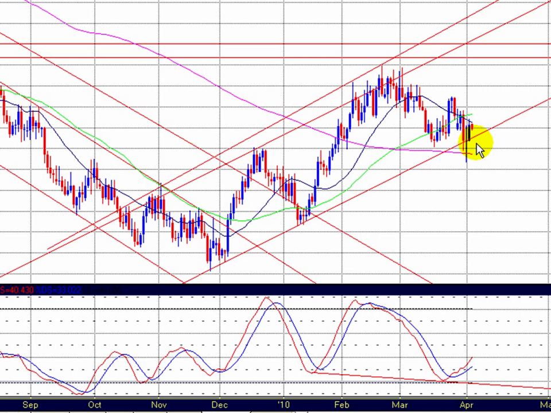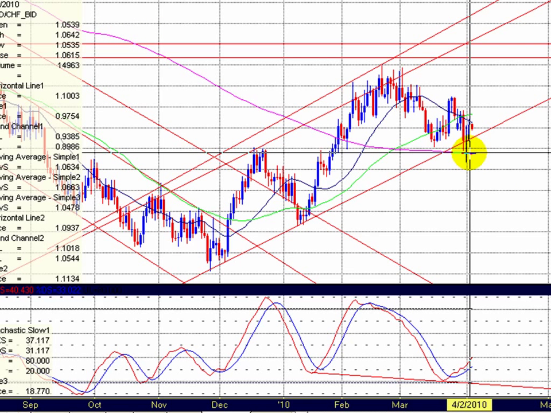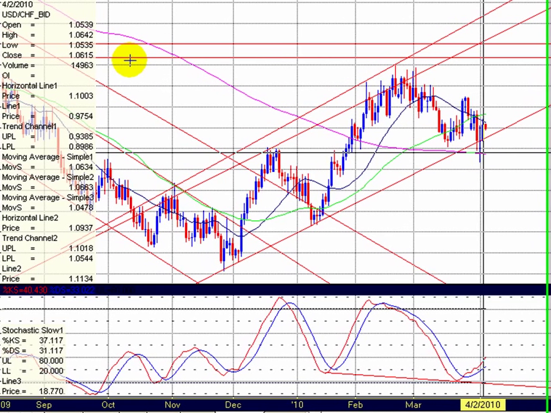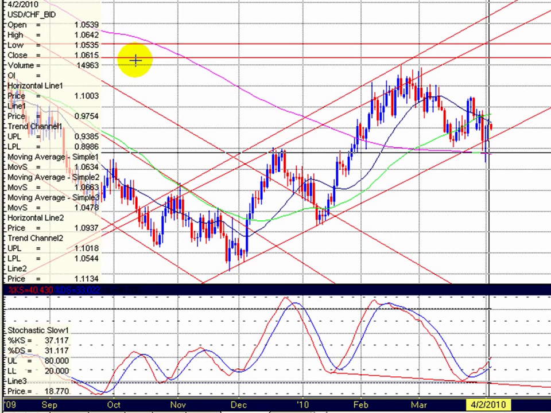So if at all I were to place a trade, I would place an up trade based on the price candle over here. The high of Friday's candle was 1.0642. I would probably place a buy entry trade at 1.0650.